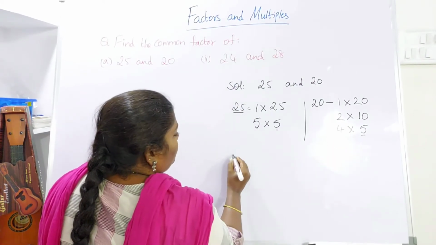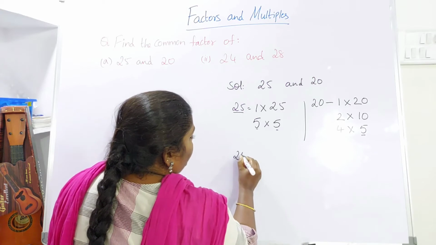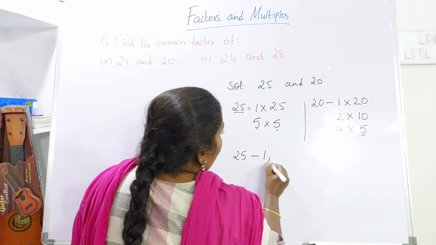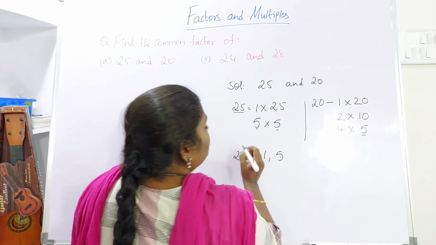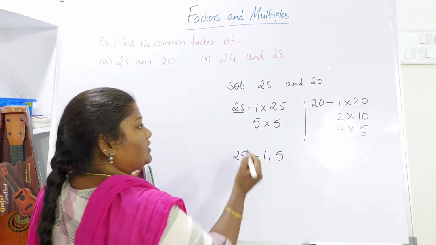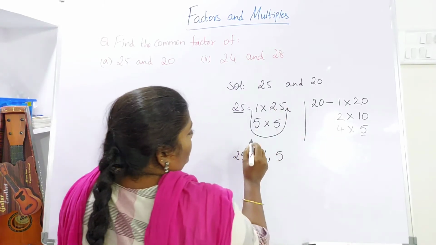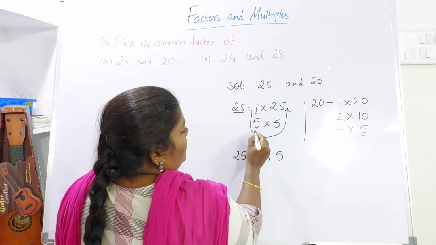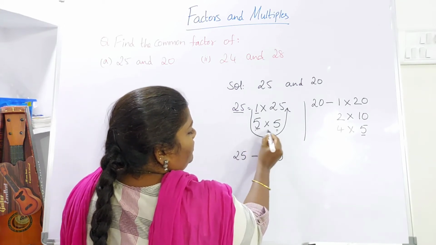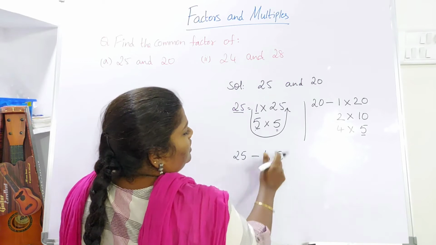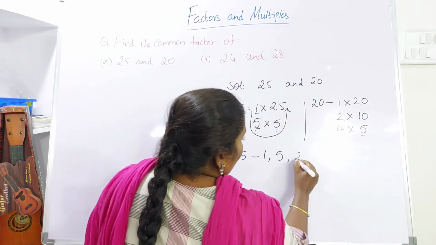Now, factors of 25 are 1, 5, and do remember, whenever you are writing factors, you better write in this way. That is, first will be 1, 5. As it is repeated, you can take only 5 once and then write down 25.